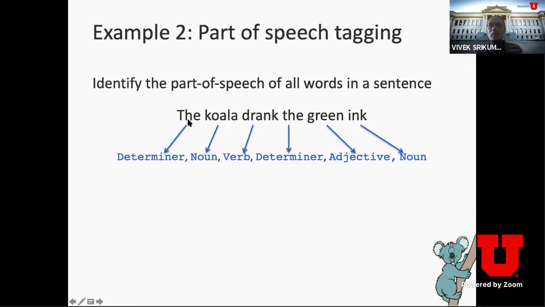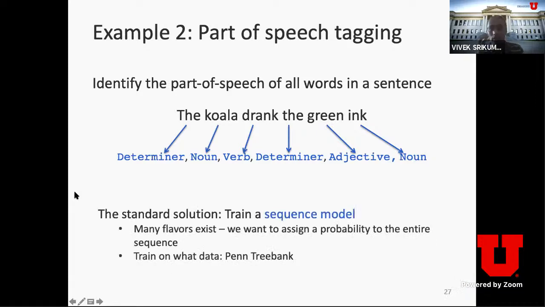You can have a noun or an adjective. So the standard solution here is to train something called a sequence model, where we want to assign a probability to this entire sequence of labels, conditioned on, or given, this entire sequence of words. There are many flavors of this idea.